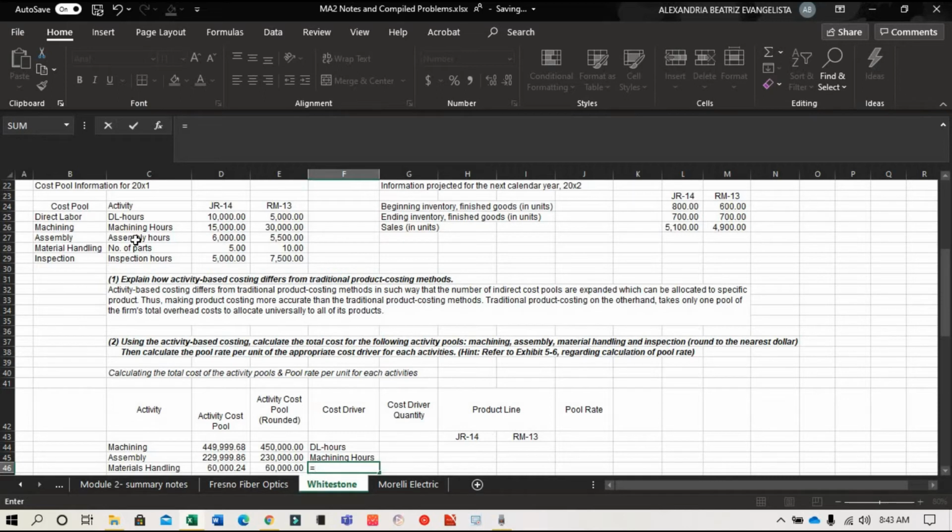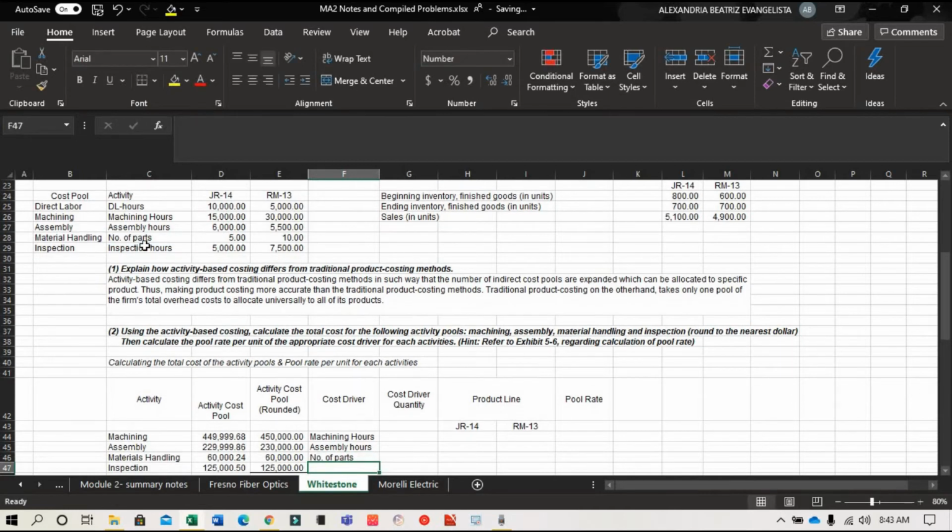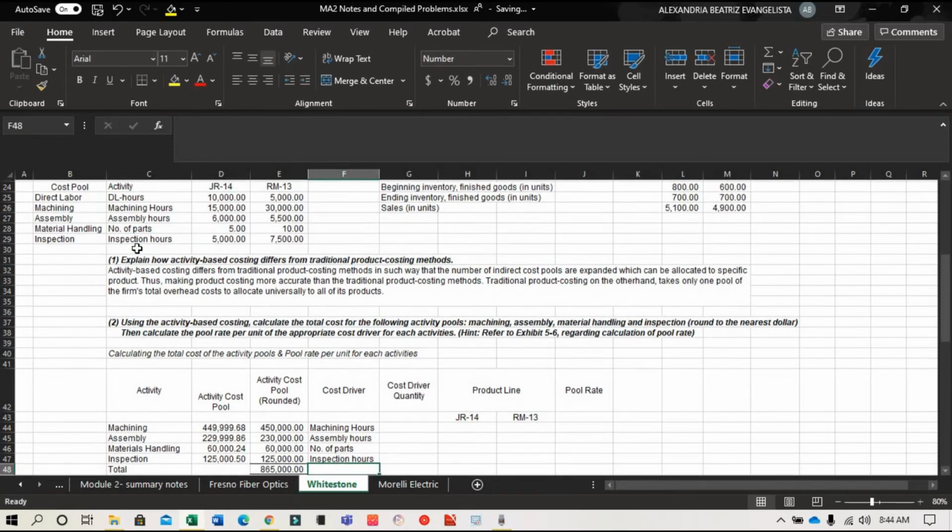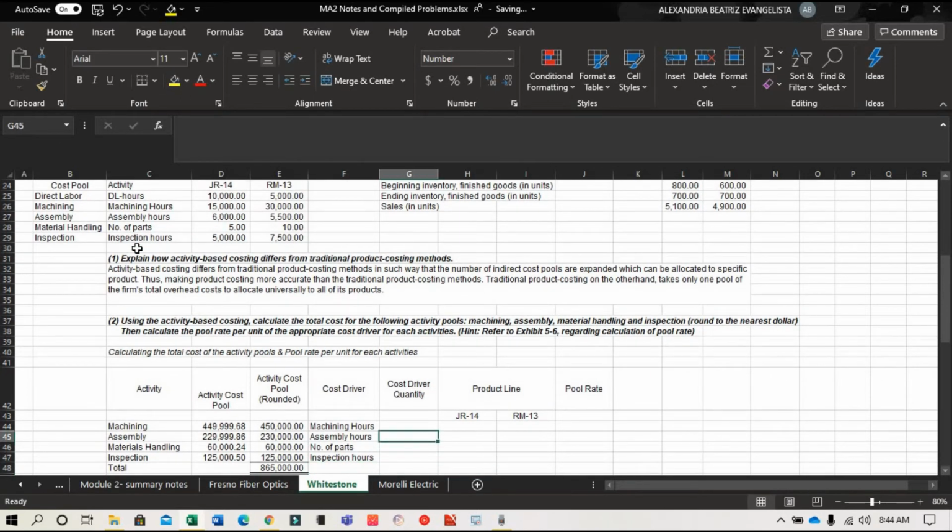I'm so sorry. For machining, that is machine hours. For assembly, that is assembly hours. For materials handling, that is number of parts per unit. And inspection, that is of course inspection hours. So now let's get the cost driver quantity.